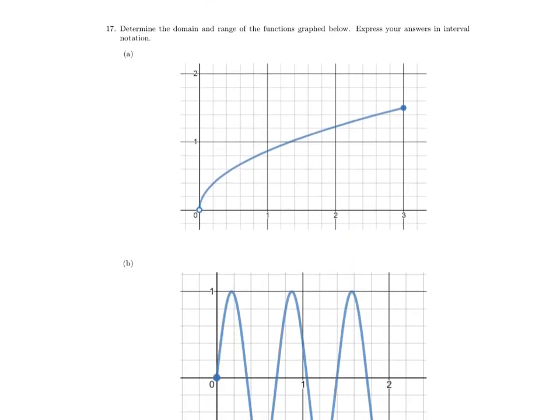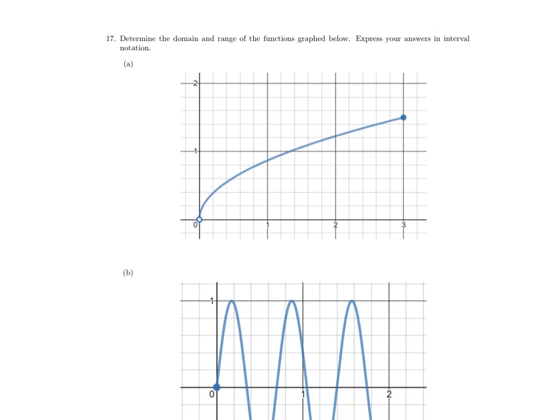All right, number 17, determine the domain and range of the functions graphed below. Express your answer in interval notation. So the domain is x values. That's left to right. So your domain is going to be how far left does the graph go and how far right does the graph go.